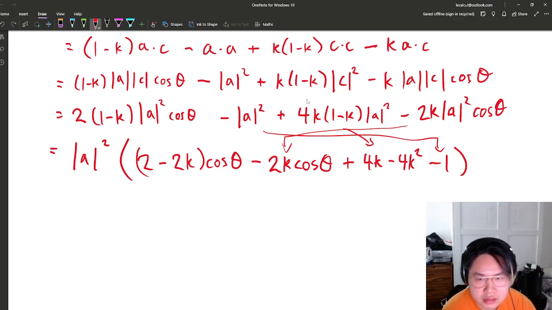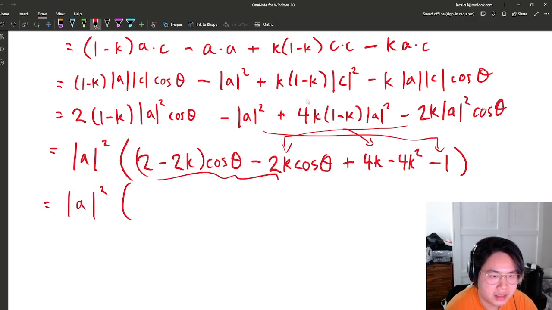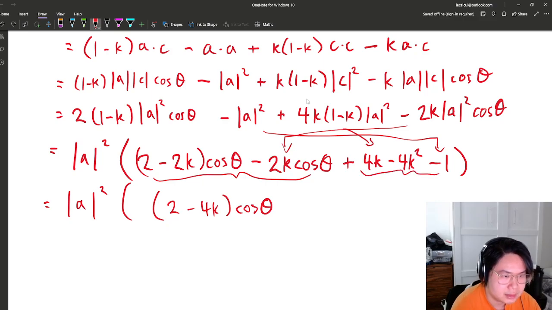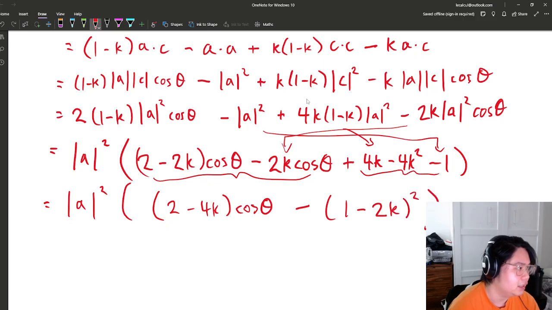Okay. So if I collect these two together, I'll have 2 minus 4k. Okay. And then these are factorable? Probably. Yeah, okay, we're done.